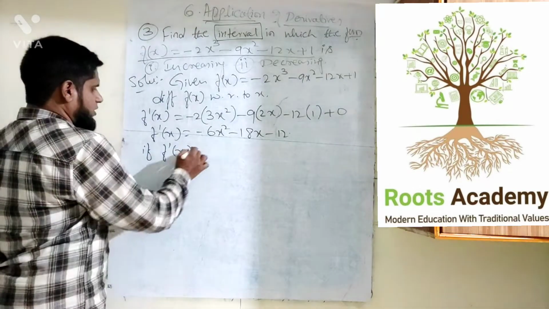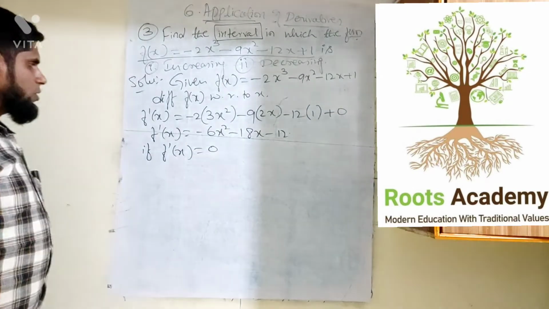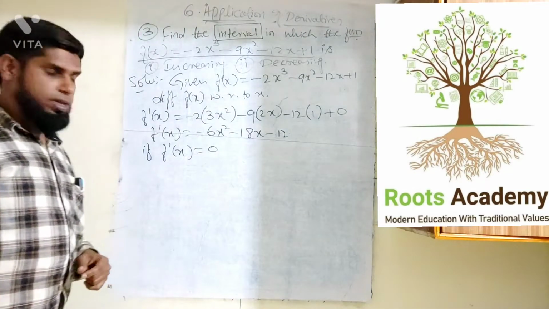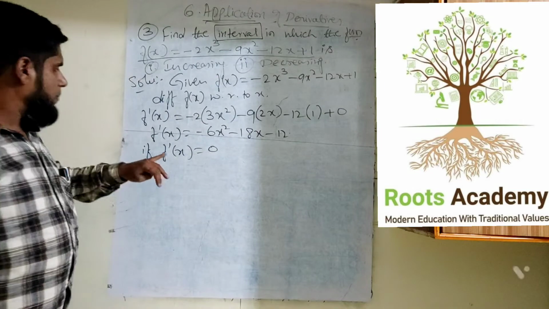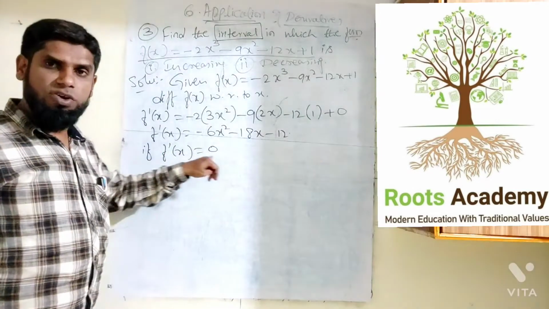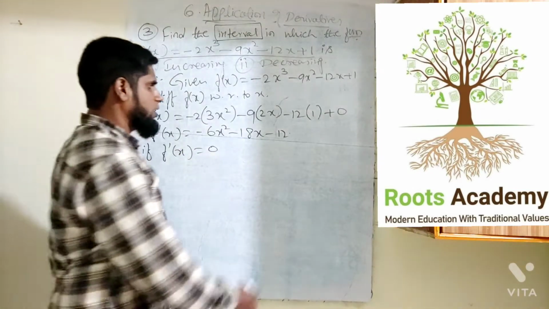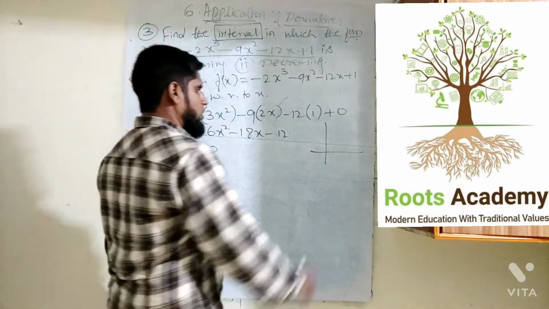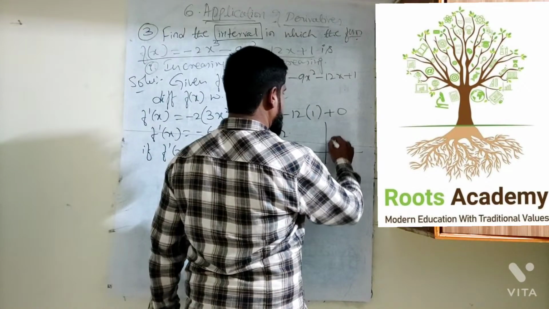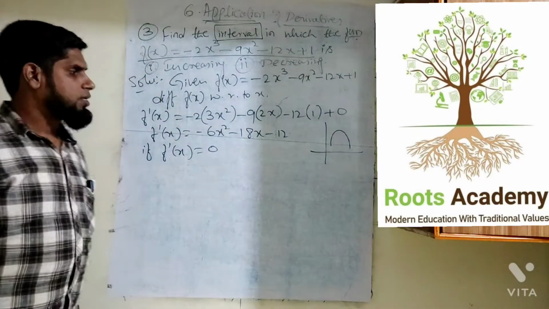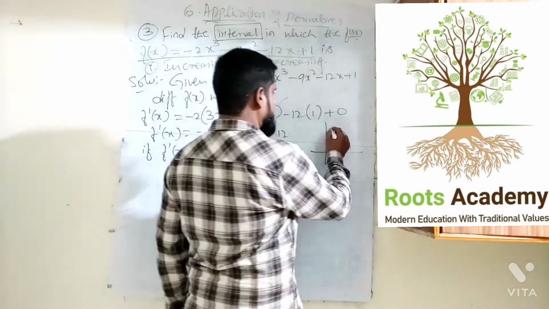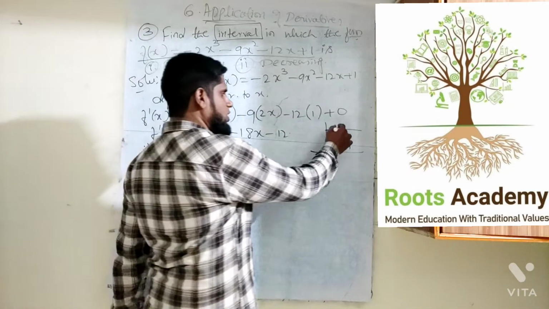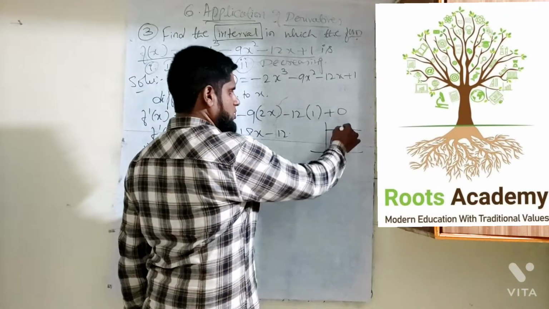if f dash of x is equal to 0, and student, one more thing let me tell you here, the purpose of considering f dash of x equal to 0 is, if I draw the graph of these functions, the function will look like this. So if I draw a tangent to this curve, the tangents will be parallel to the x-axis.